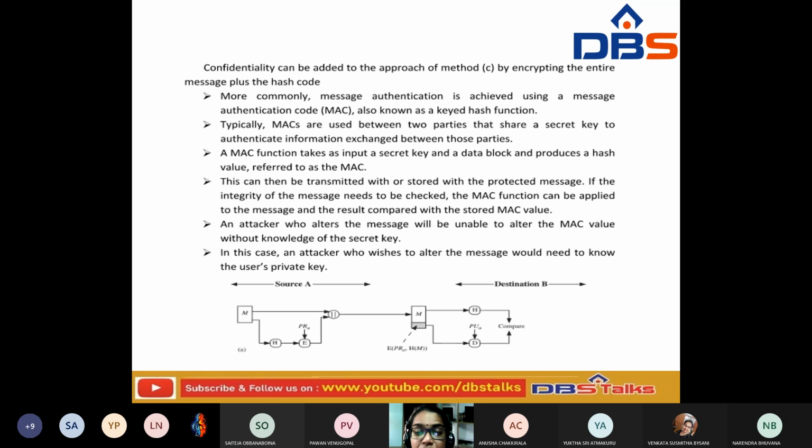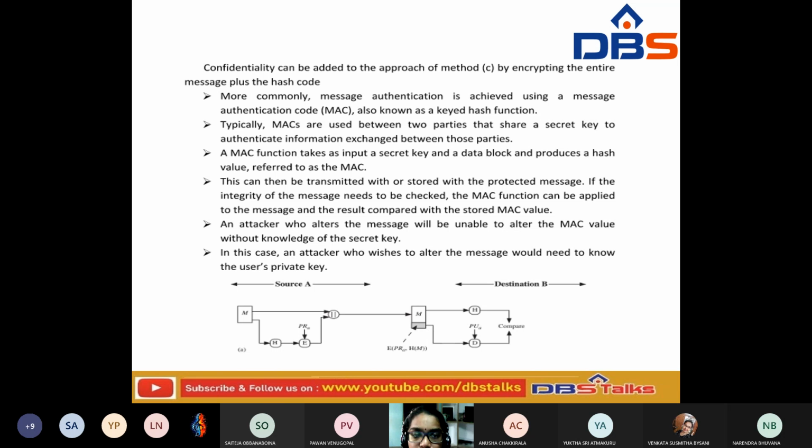The message authentication code that we have generated is transmitted with the protected message. If the integrity of the message needs to be checked, then the message authentication function can be applied to the message, and the result compared with the message authentication code value.